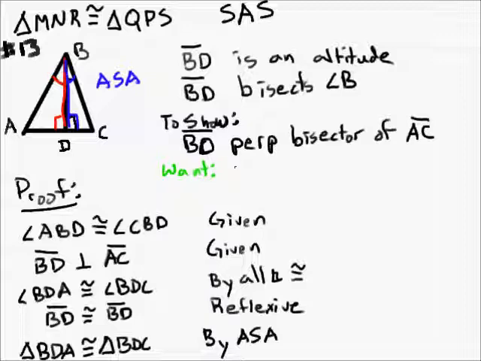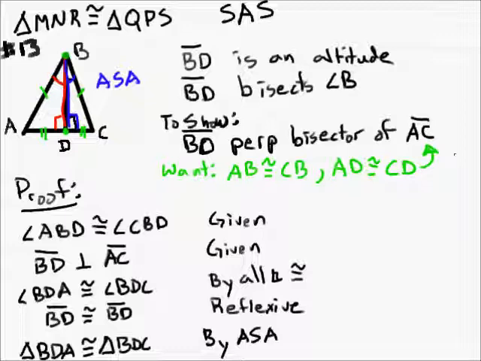To get there, we want to show that AB is congruent to CB and AD is congruent to CD. And that way these two points, B and D, will be equidistant. Each point will be equidistant from A and C, which implies perpendicular bisector. And then that'll get us that.